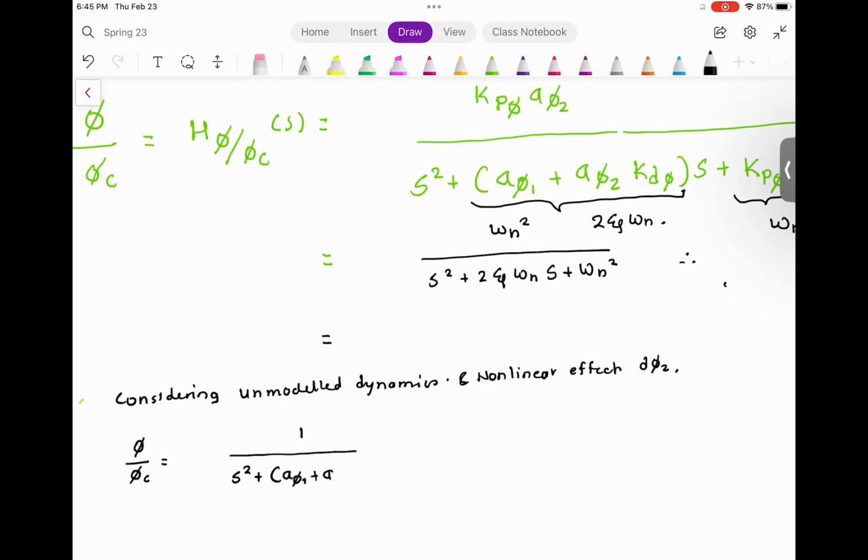P1 plus A phi 2 KD phi S plus A phi 2 KP phi. And here you multiply that by dP2. This is the nonlinear effect or the disturbance.